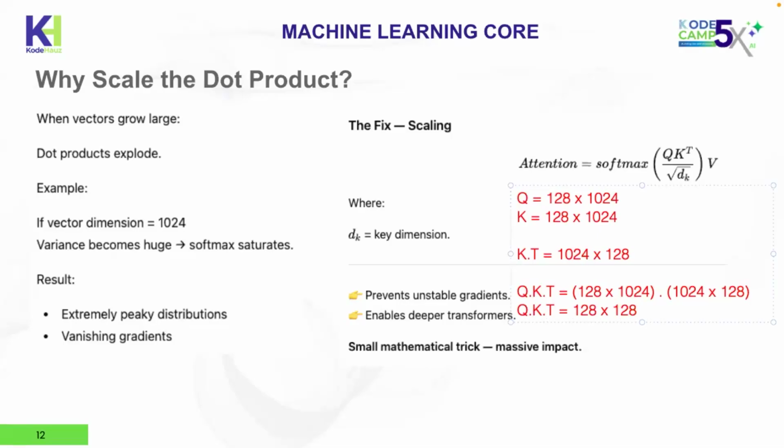This is just going to give us how they all attend to each other. Again, remember 128 is the embedding size, while 1024 is the number of elements in the vocabulary basically. And that's it. So when you do this QK transpose, you now have a shape of 128 by 128.